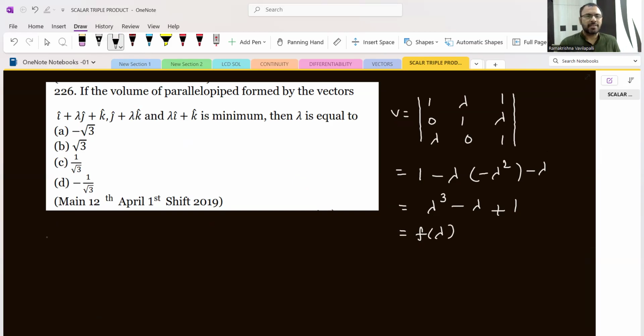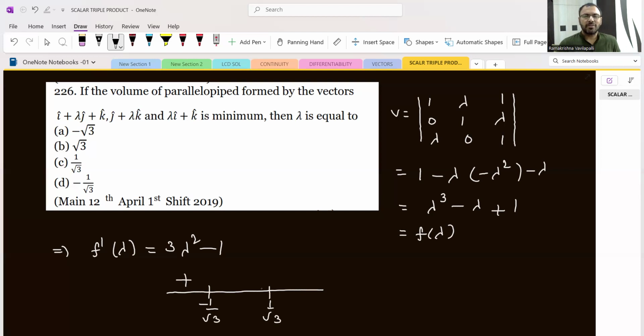For minimum and maximum, we find that f dash of lambda is equal to 3 lambda square minus 1. Apply the sign rule to see in which interval it is increasing, in which interval it is decreasing. It is minus 1 by root 3 and 1 by root 3, right? Left side of minus 1 by root 3 and right side of 1 by root 3 increasing.